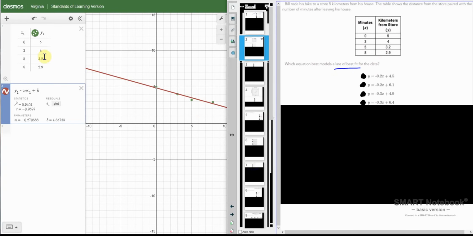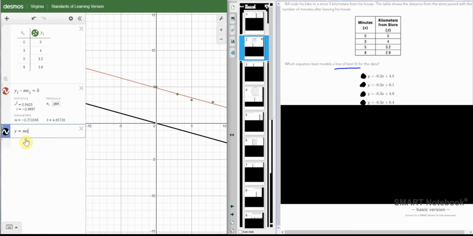All right. So you give Desmos the data, you input this exactly as is. And then you know your answer, because it's a line, is going to be in y equals mx plus b format. It tells you right here what m is, negative 0.27.